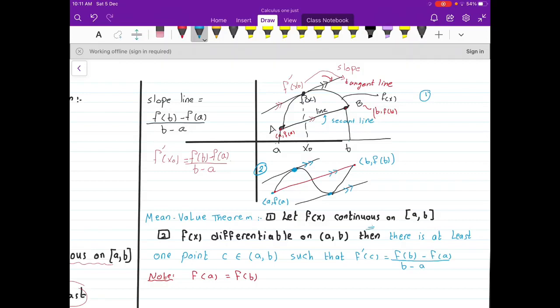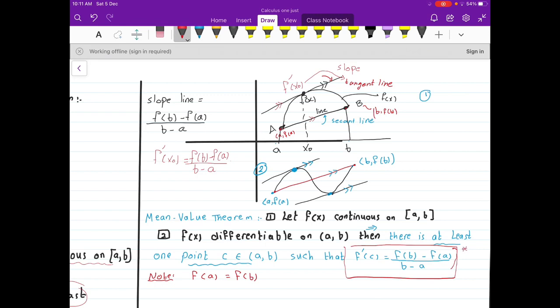Then what is the conclusion? If the function is continuous on a closed interval and differentiable on the open interval, then there is at least one c belonging to (a, b) such that this c satisfies f prime of c equal to f(b) minus f(a) over b minus a.